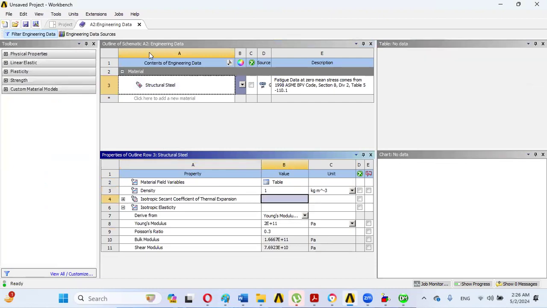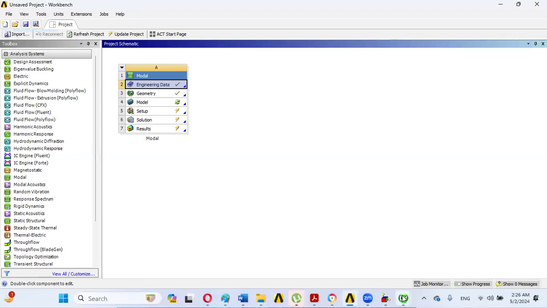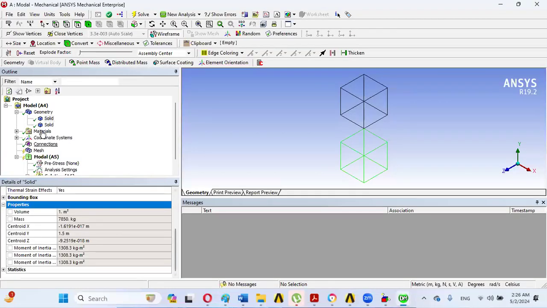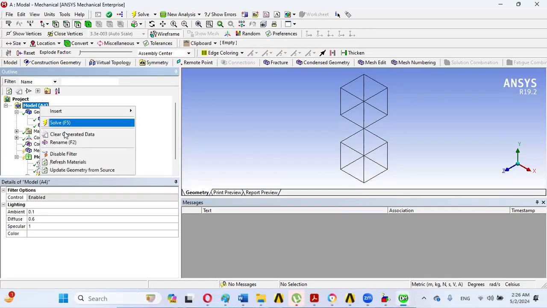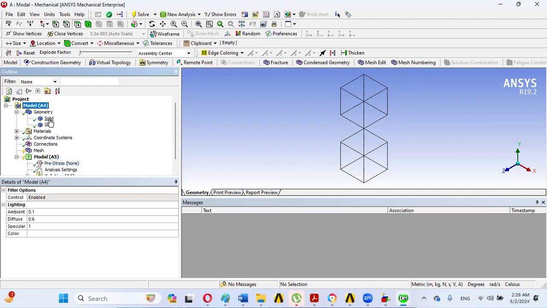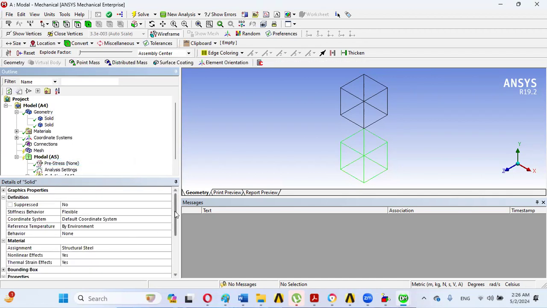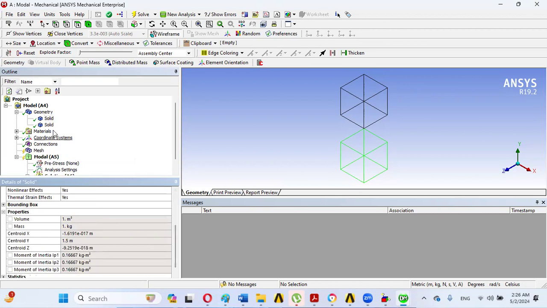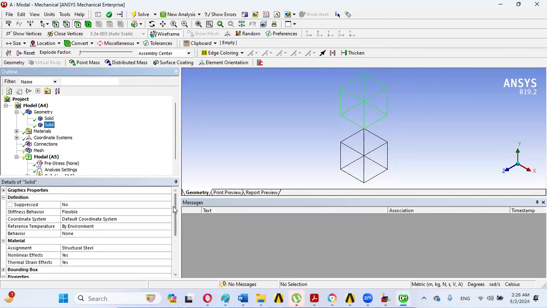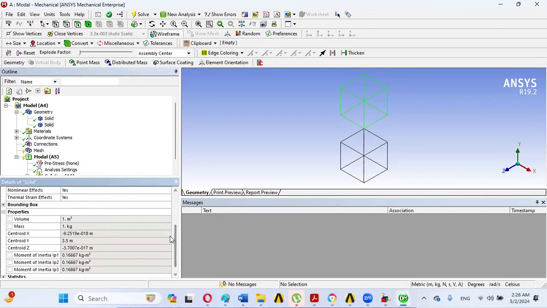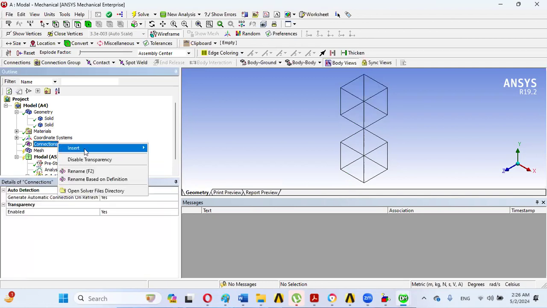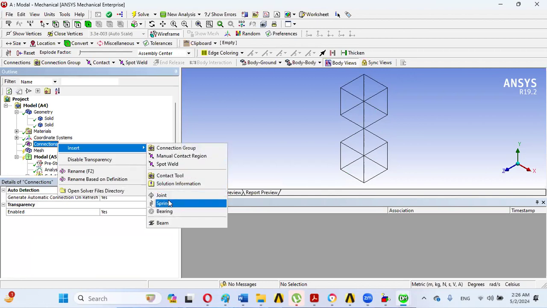And then we can simply refresh materials, and then we can observe that the mass for each body is 1 kilogram. So masses have been made 1 kilogram, and after that we will be applying springs.